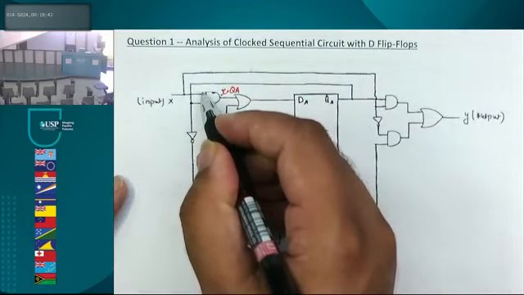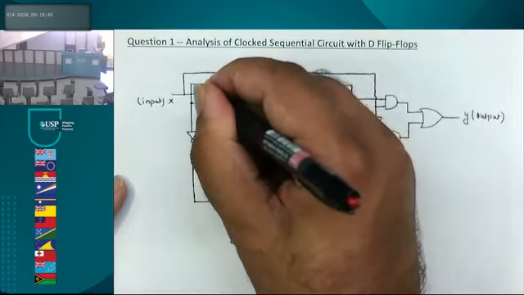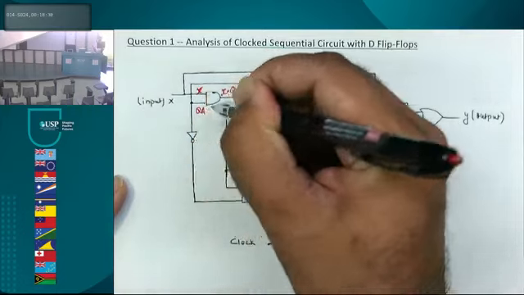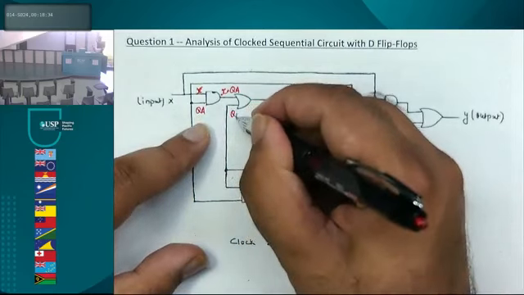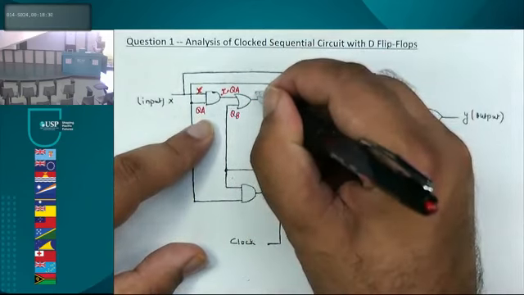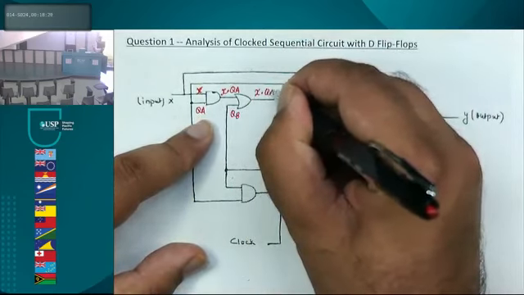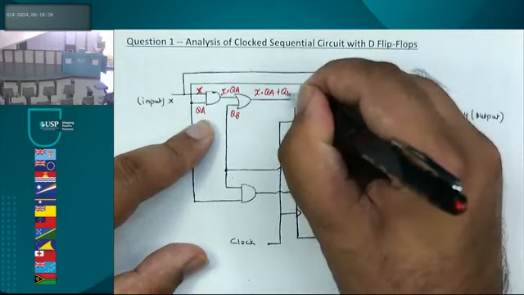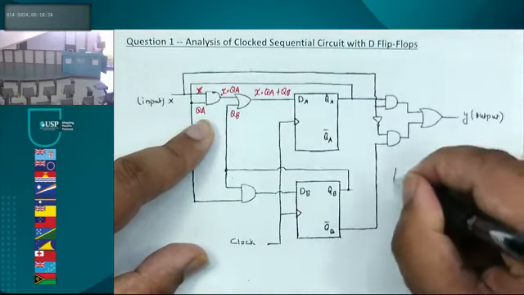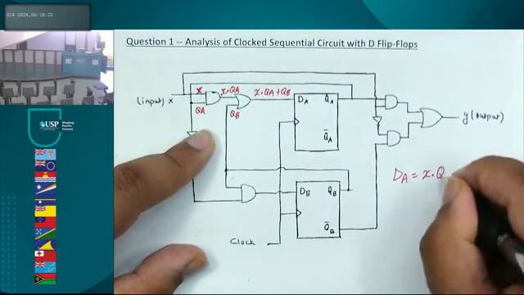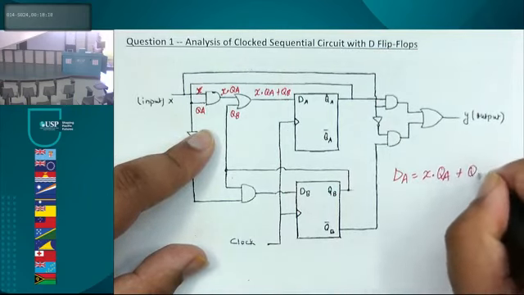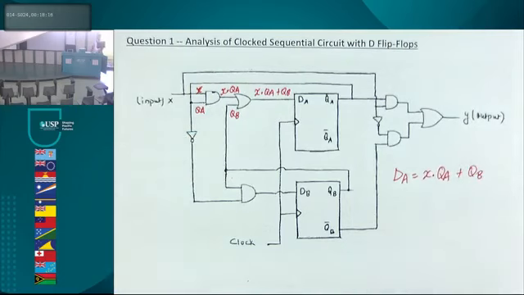That's X. What about the other one? QB. So that's X and QA, or QB. So we can say that DA is equal to X and QA or QB.